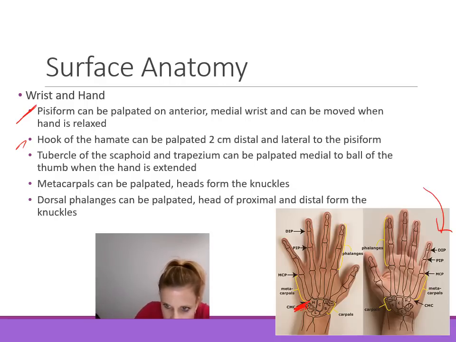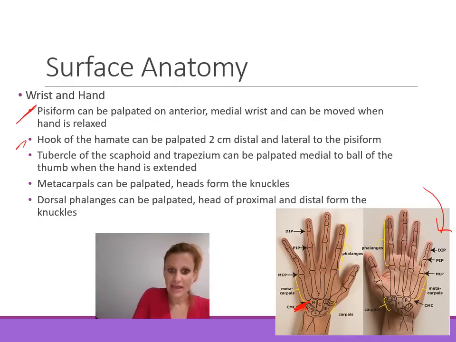If you go just distal and lateral to that, you can palpate the hook of the hamate. Right here, I palpated the hook of the hamate, and I can feel the ulnar nerve passes right through there, and I can feel that I'm compressing it.